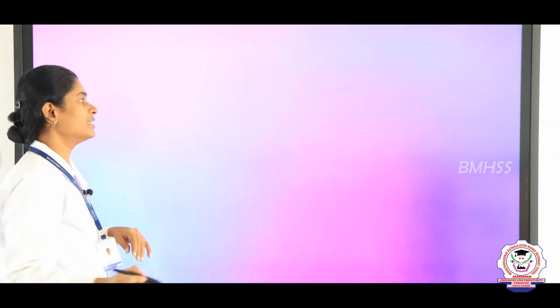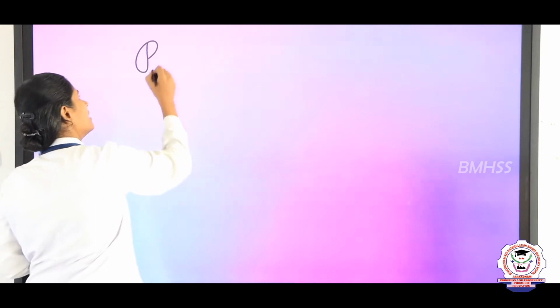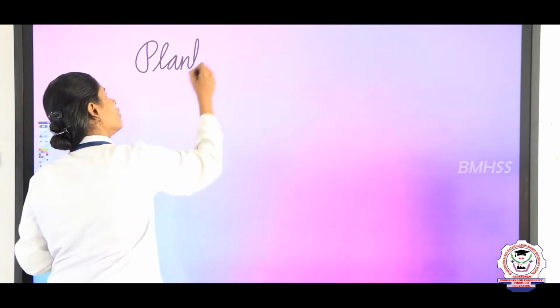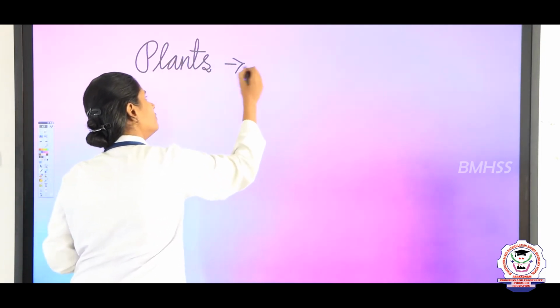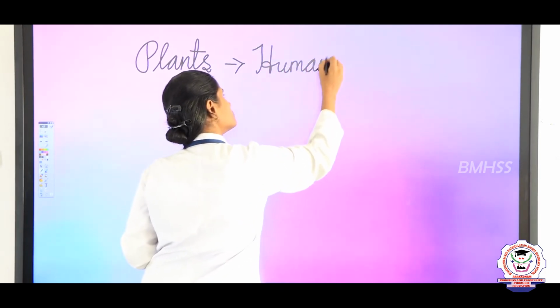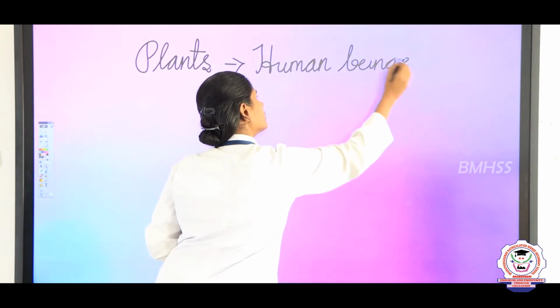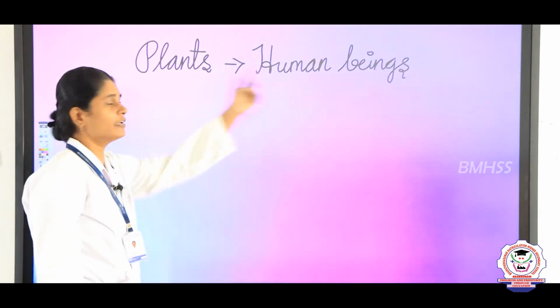In the same way we can see some more examples here also. Usually plants are eaten by human beings, right? So this is a food chain.